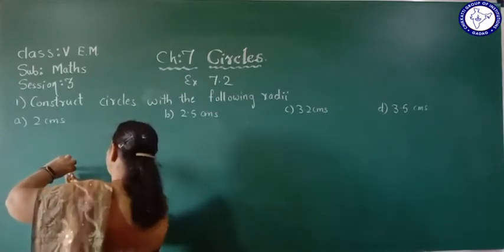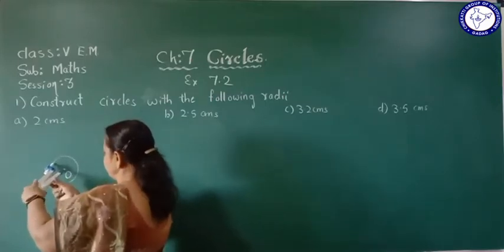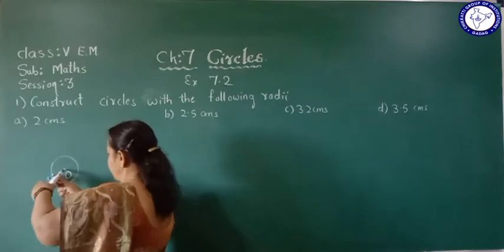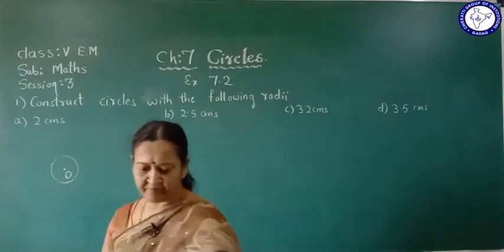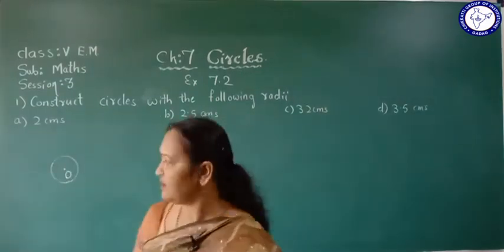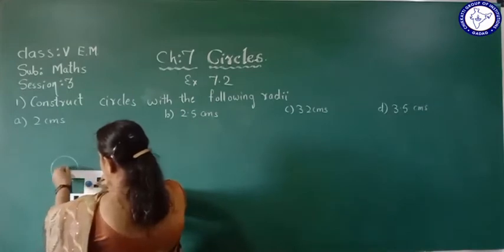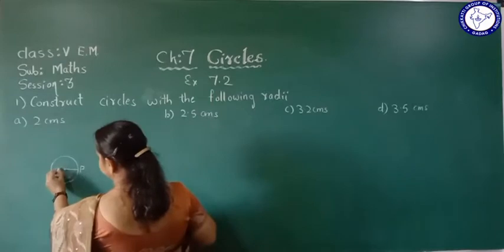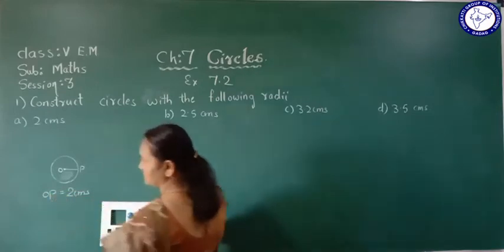See that the compass should not move from the center of the circle. This is a circle of 2 centimeters. Here let me mark this as P. So OP is equal to 2 centimeters.